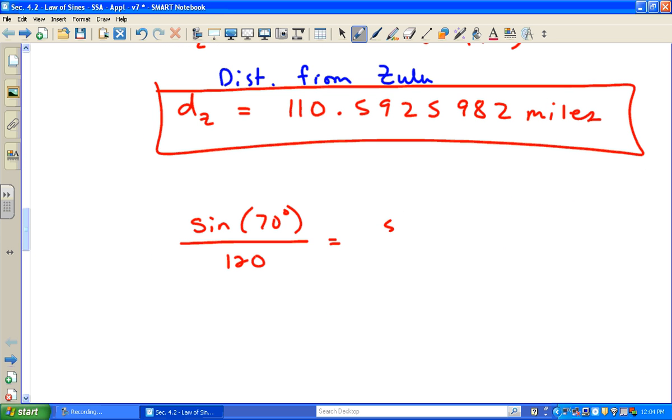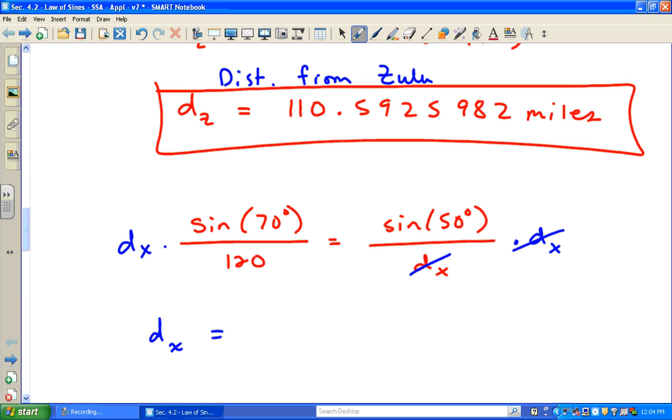And so we'll do sine of 50 degrees over d sub x. Once again, multiply both sides by d sub x. That will cancel this side. And then to solve for d sub x, multiply both sides by the reciprocal of what's there behind d sub x. So I'll have sine 50 degrees multiplied by 120 over sine of 70 degrees.